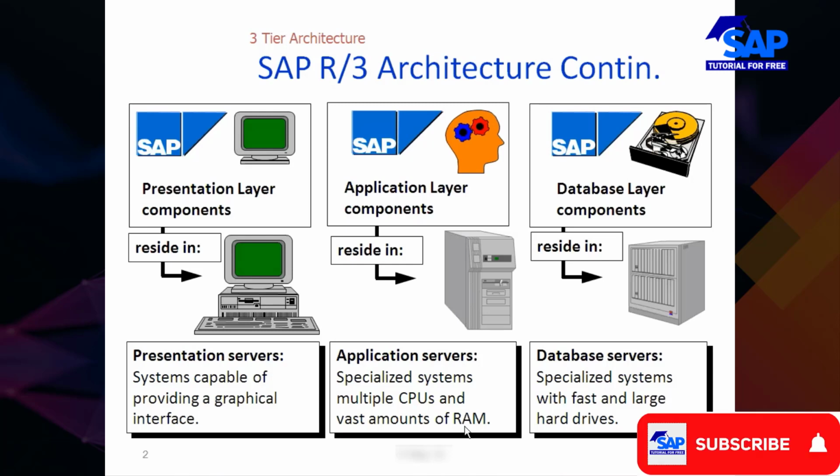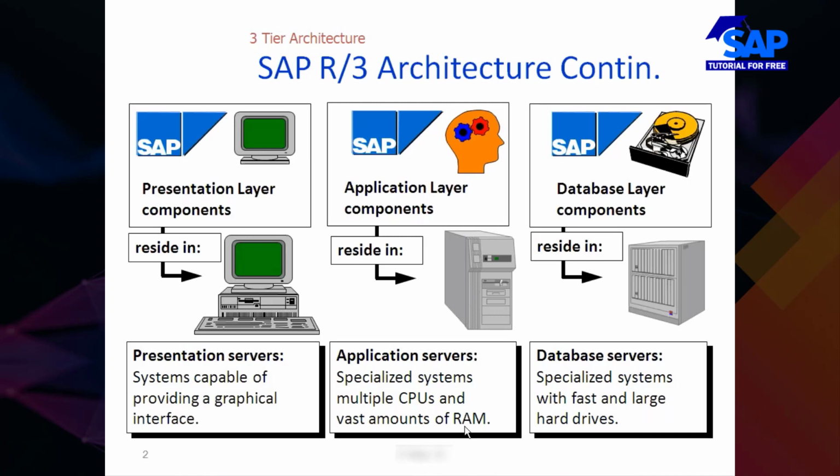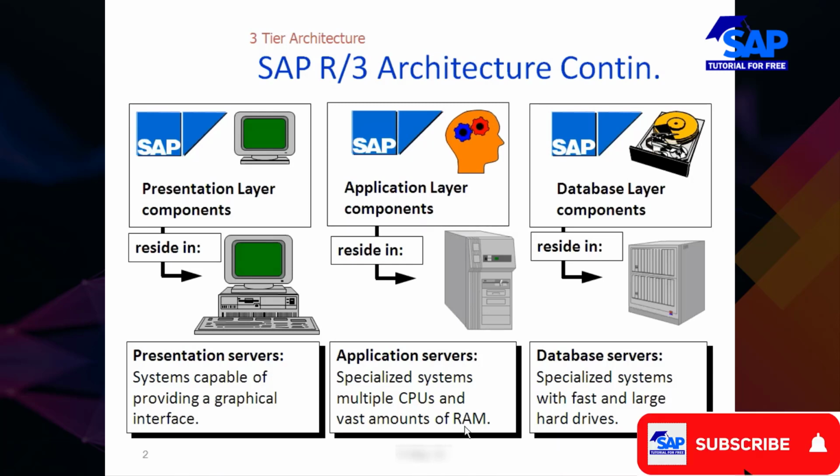Imagine a customer like an insurance company. They would have a huge customer base. So if you want to process the data of such a huge customer base, maybe one CPU may not be sufficient. So you might require a couple of CPUs or 3-4 CPUs grouped together.